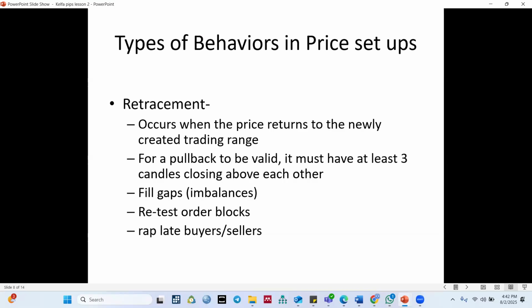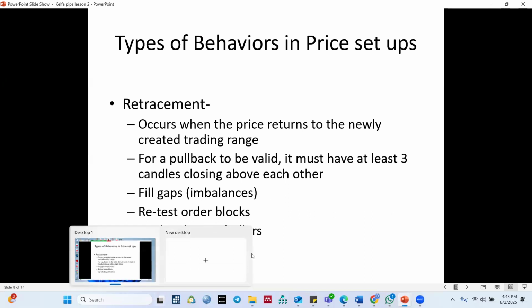When you are buying and price is dropping, the moment price makes about 3 candles closing above or below each other against you, it should give you a sign that there is a higher likelihood for a better pullback, so that if you would take profit, you take profit.